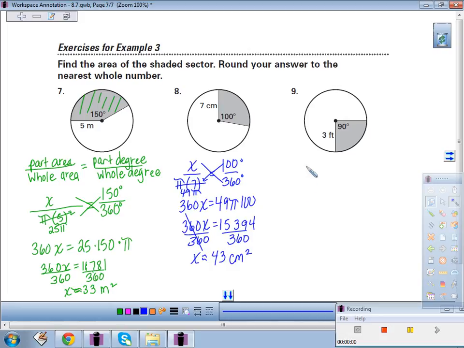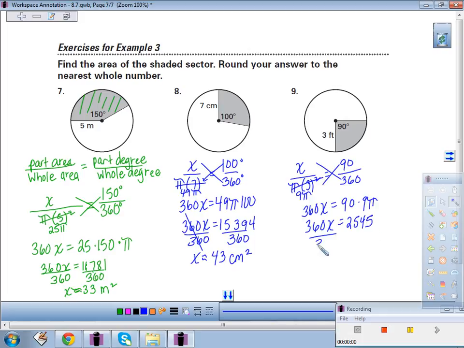And the last one, number 9. So we have the part area we don't know, x, over the whole area, pi times the radius squared, equals the part degree, 90, over the whole degree, 360. We know that 3 squared is 9, so this will be 9 pi here, cross multiply, and when I do that, I get 360x, 90 times 9 pi, and we can round on this right side. 90 times 9 pi, we get about 2545.